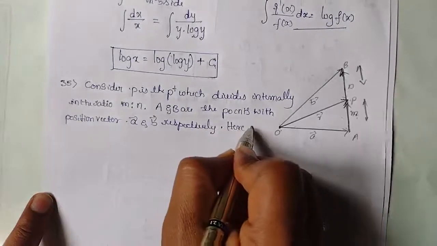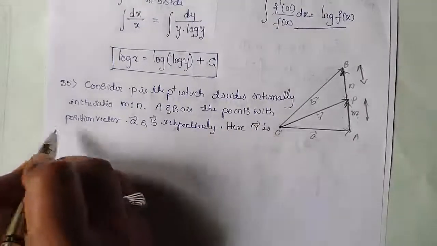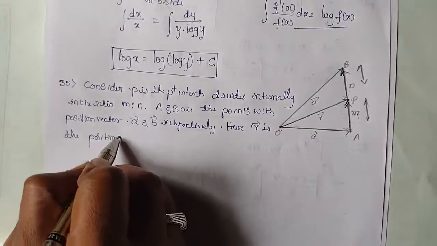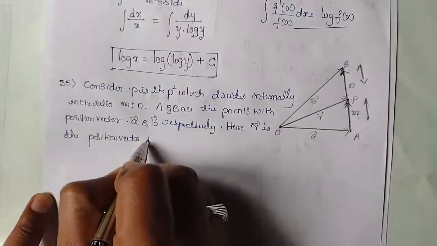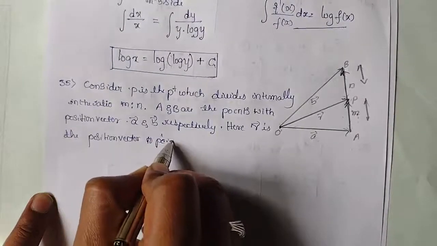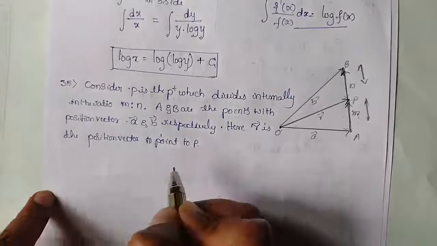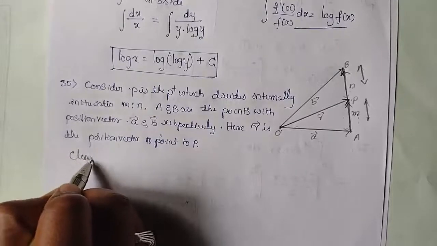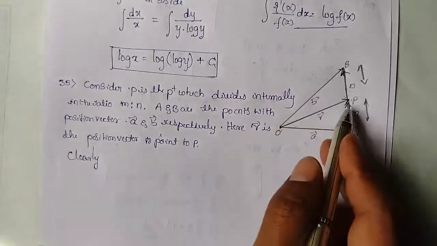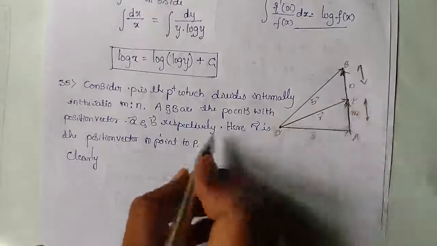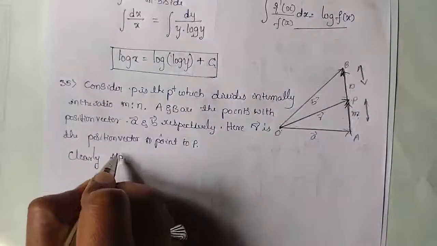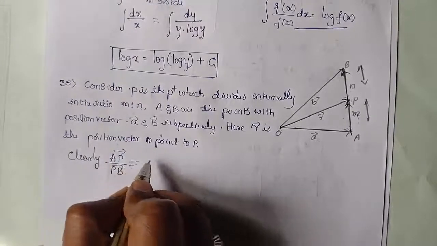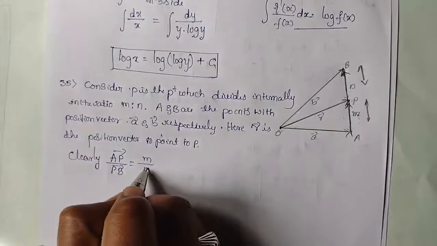Here r vector is the position vector to the point P. Clearly, P is the point which divides the line segment AB in the ratio AP vector by PB vector, which is also equal to m by n.